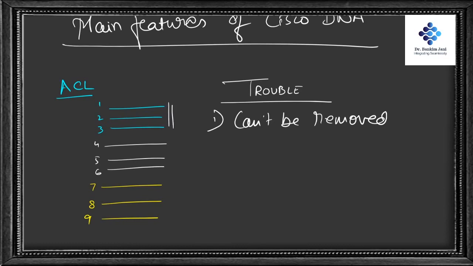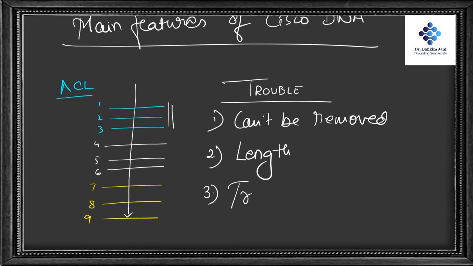Now it was prepared way back, so you have to really go back and figure out what exactly was the purpose of this particular list. Second, even if you find that yes, everything is useful, then the trouble is length. You know that all these ACLs execute from top to bottom till the match is made. So this makes the entire process slow. And as the list is growing, it will also be a hindrance for troubleshooting.